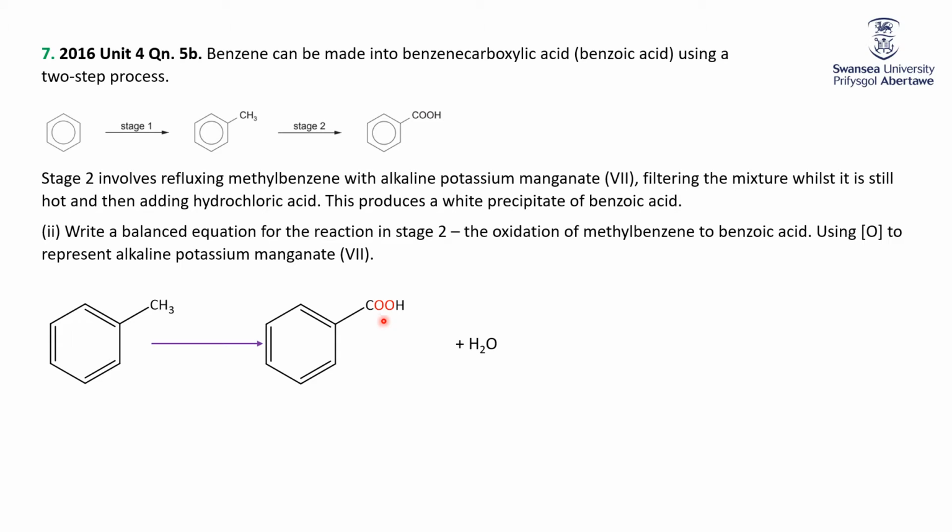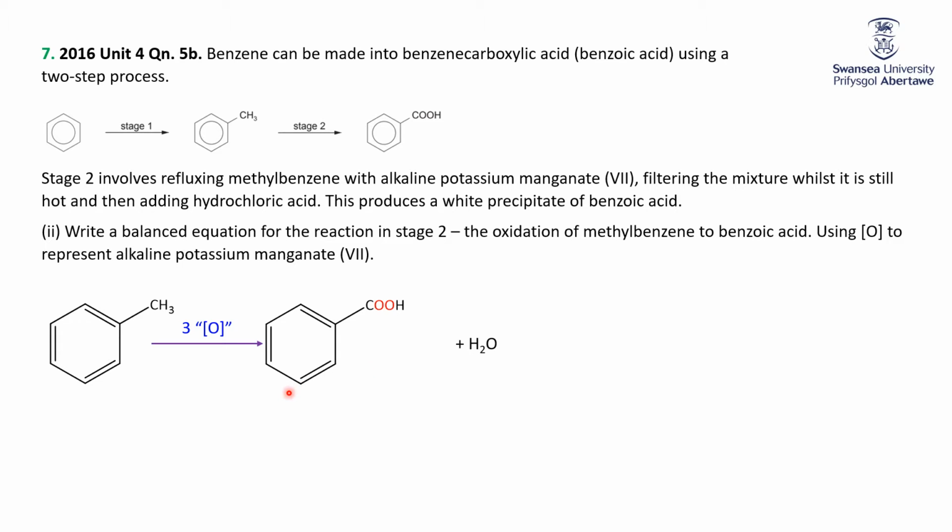That means we need 1, 2, 3 oxygen atoms, which I'm going to write like this. Some people would argue you don't need that, you should just use the O to represent it, but I want to emphasize that every time you do this you are incorporating 3 oxygen atoms into the whole reaction.